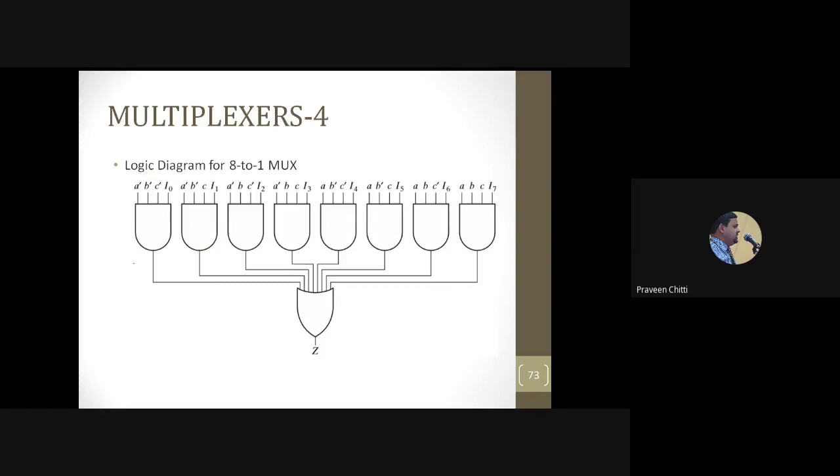It will select that particular input, but the output you get is the complement of the selected input. Sometimes you want to select a particular input but want it complemented; then simply instead of OR, you can put a NOR.